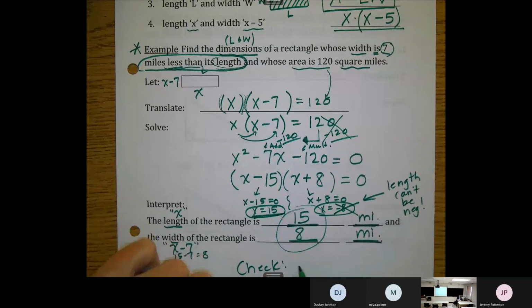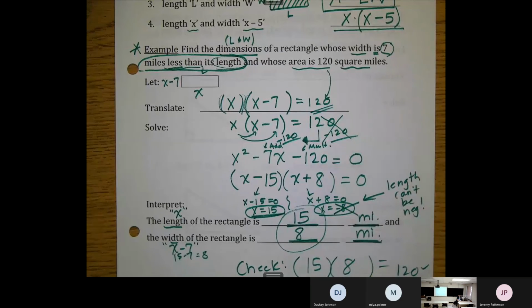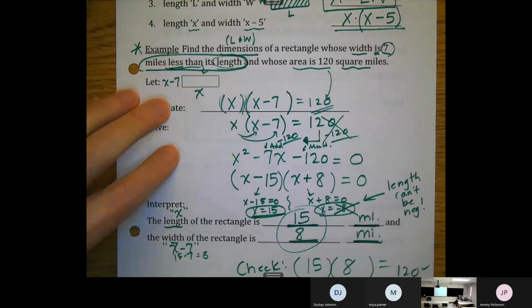It's crazy easy to check these answers. If we just put them back into our length times width formula and make sure that they really make 120. Only takes a second to check and make sure they give us the correct area.